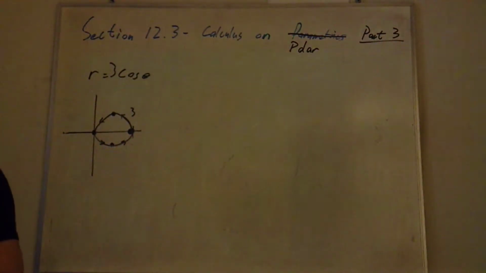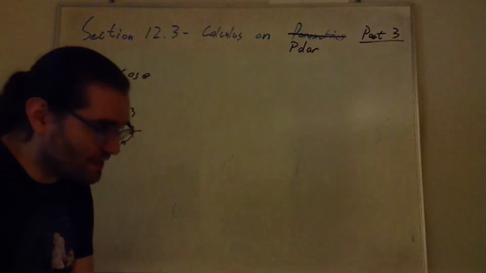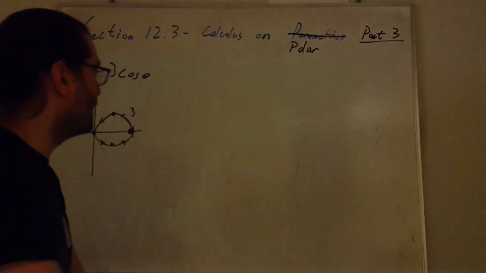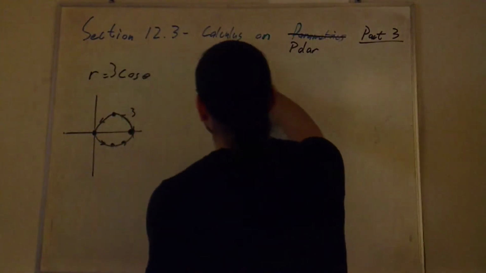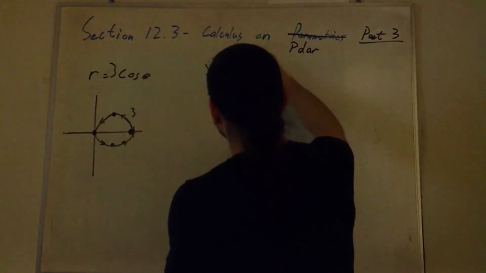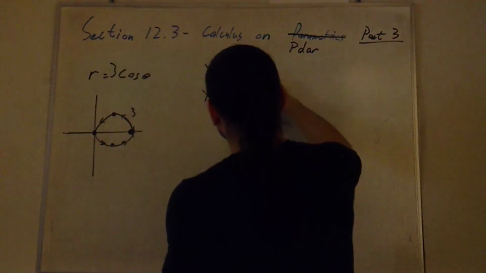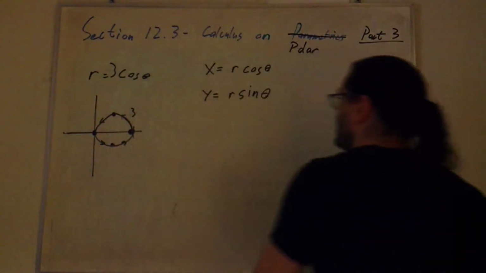How are we going to turn this into a parametric function? There's no x's, there's no y's. How is this even going to work? We're going to insert the x's and y's using our favorite polar coordinate equations. X equals r cosine theta, y equals r sine theta.